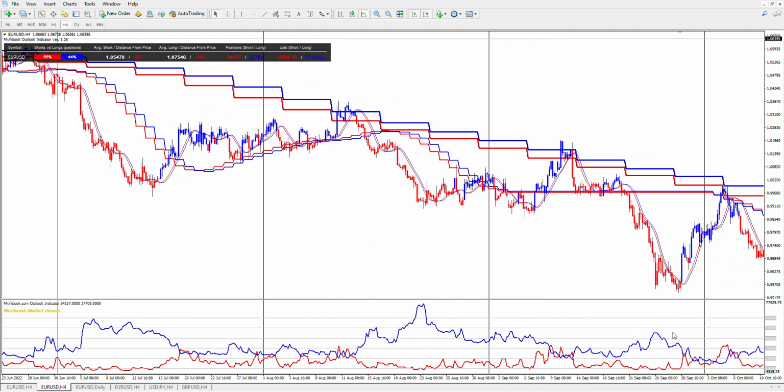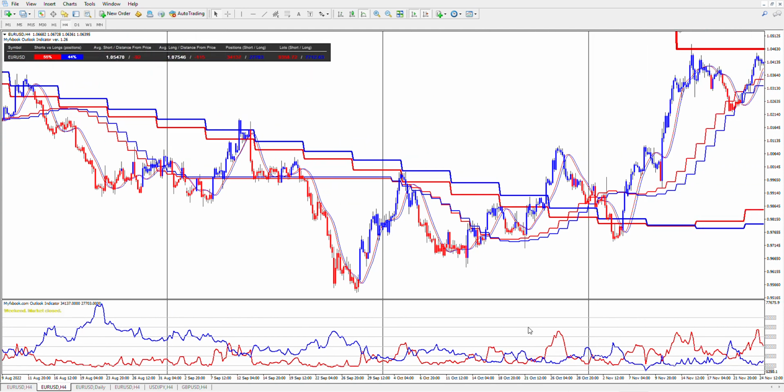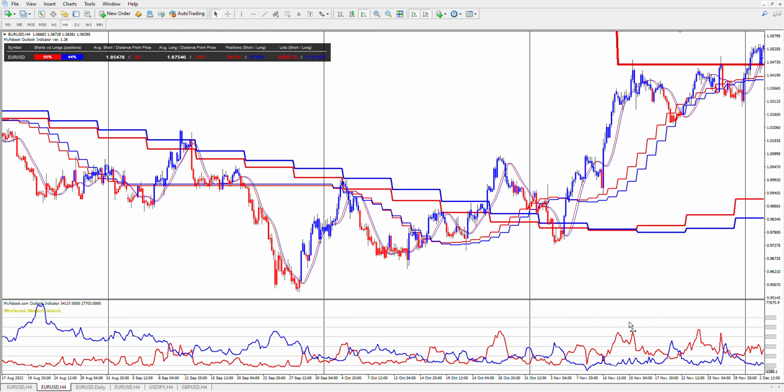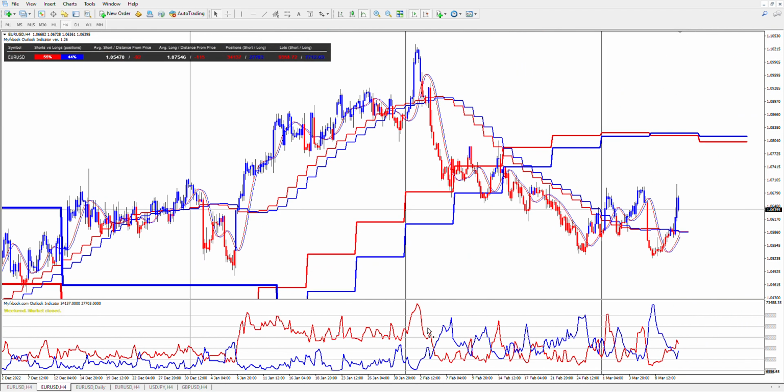So the data from Myfxbook Outlook are pretty reliable because it's a huge amount of sizes being reported and traded there by traders from all around the world, who are connected at Myfxbook Outlook. So now it's a kind of a mess a little bit here in February and March.